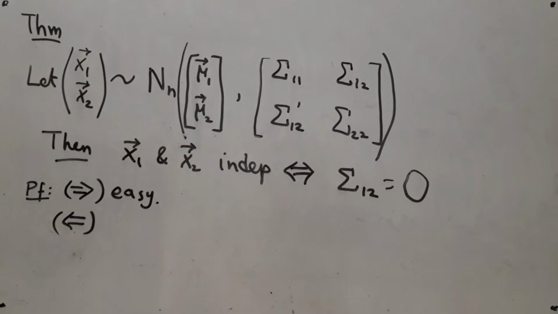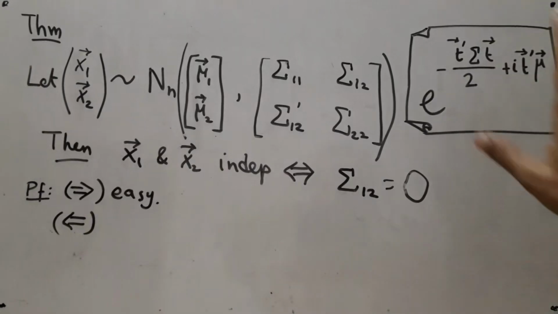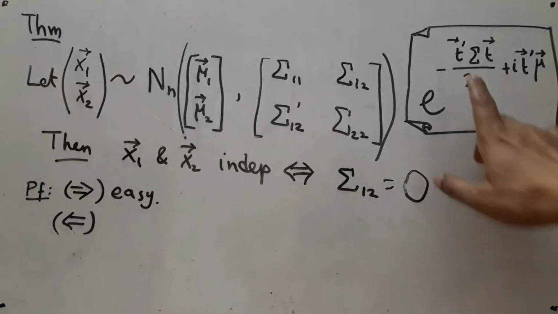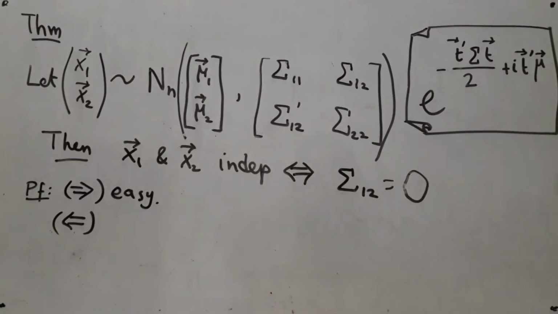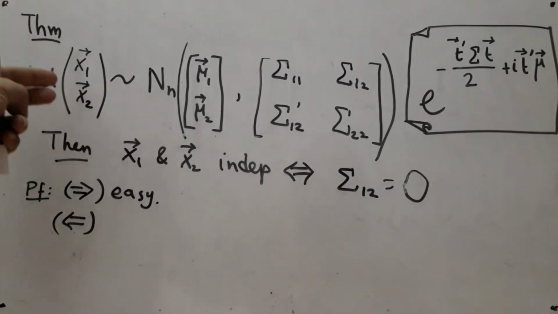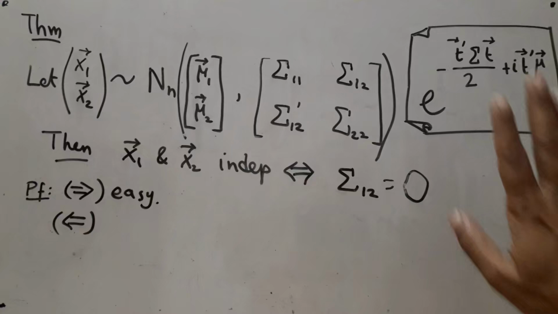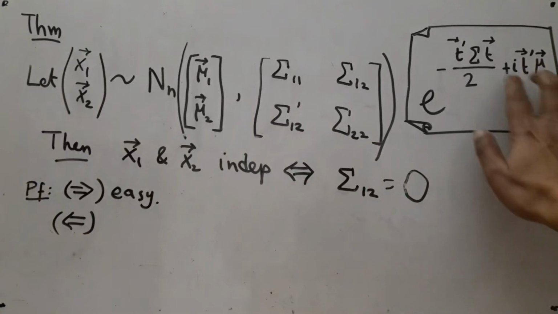Here we shall remind ourselves about the characteristic function of multivariate normal. I have just added it as a note over here. Now what we are going to do is split this t vector, which is as long as this vector, into two parts, t1 and t2. Then let us see what happens to these two parts.